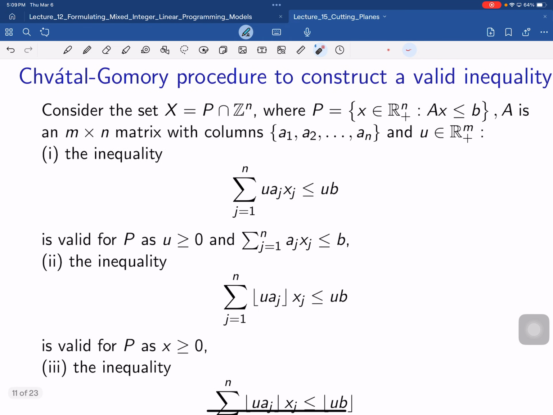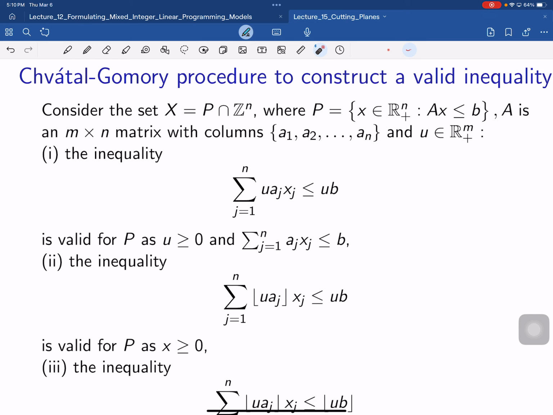What you will do for this set of inequalities, you have Ax less than or equal to b, x greater than or equal to 0, and A is an m times n matrix with columns a1 all the way to an. Now, the idea is you would aggregate those inequalities by the vector u.